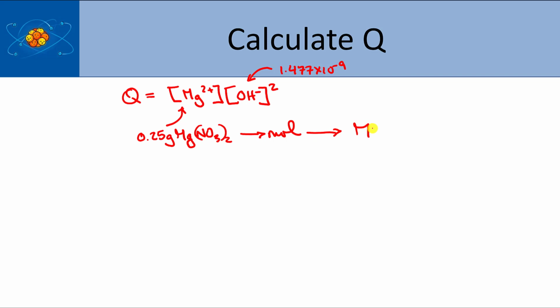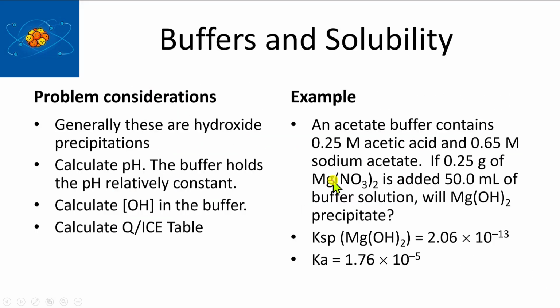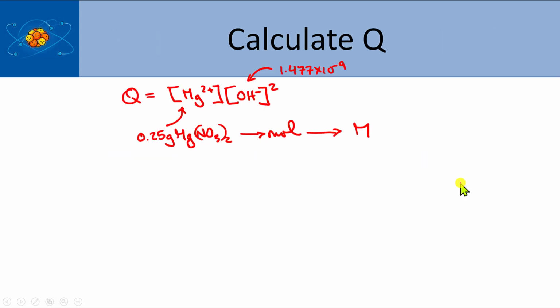And you're going to have to make the assumption that the volume doesn't change when you add the solid to it. So you're going to assume that the volume you started with hasn't changed much, and it's probably true, but I don't know for sure. So 0.25 grams is added to 50 milliliters.